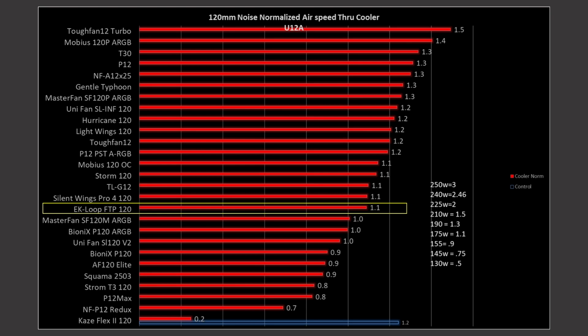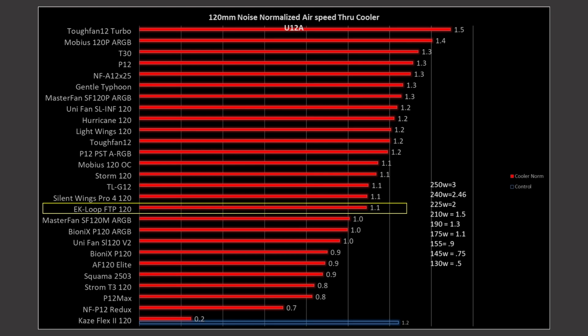So now that we have that explanation out of the way, how does the EK look? Well, I call it smack dab in the middle of the graphs. Again, my anemometer is accurate to within plus or minus 0.1 meters per second. So fans that are within 0.1 meters per second could be considered functionally equivalent. That being said, I do repeat testing on my fans, and I can verify that the positioning of the fans is where they are.